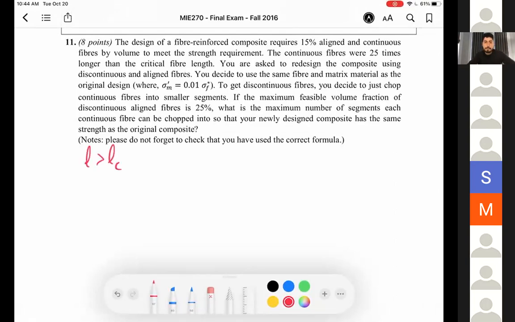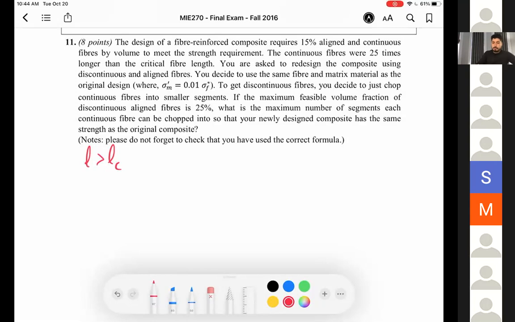Why? L is less than 25 LC. So if they're 25 times bigger, what can we say?